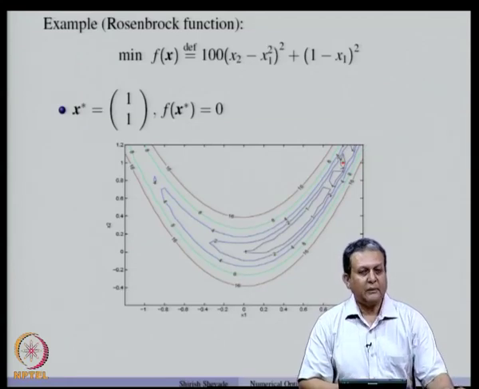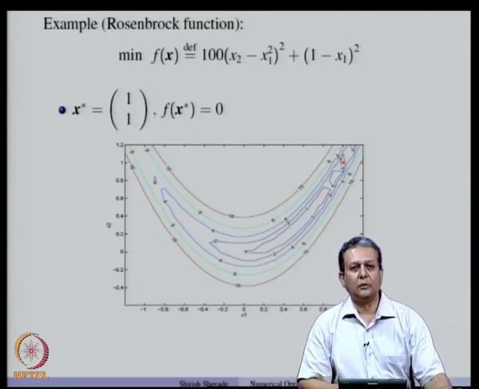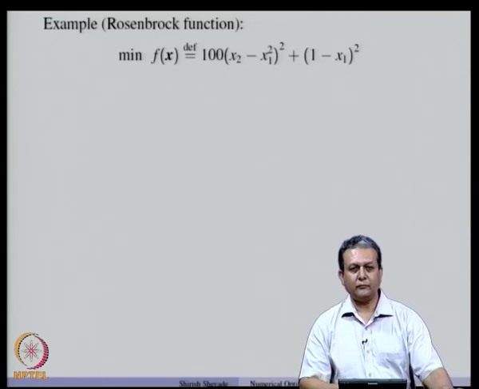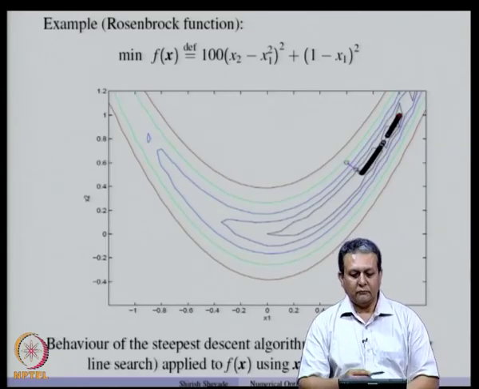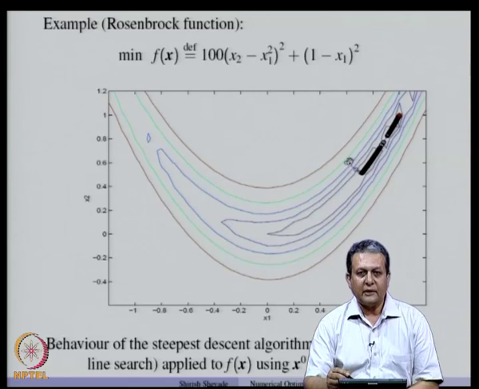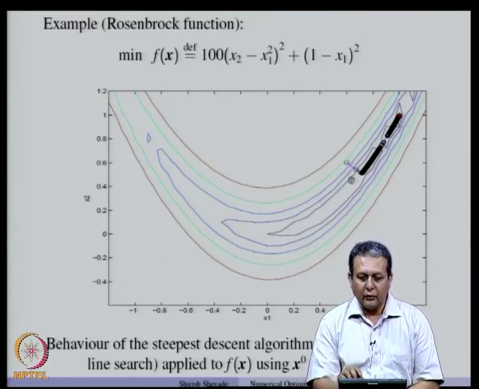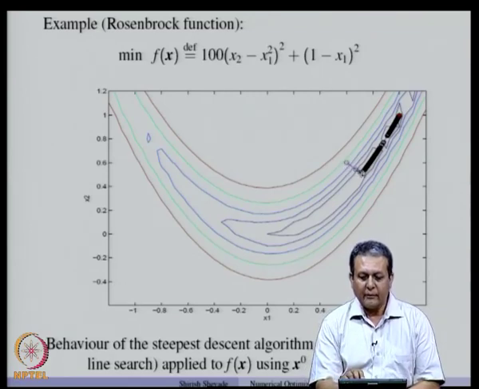Now, let us apply steepest descent method to the function f of x, and this time we will use the backtracking line search. So, if we start from a point 0.6, you will see that the first step is to this point and then to this point, and then there are lots of small steps.